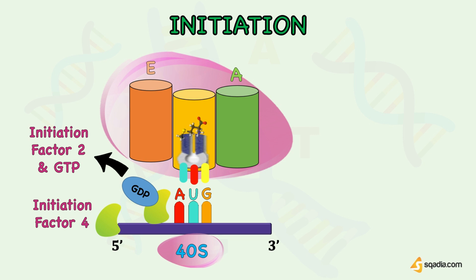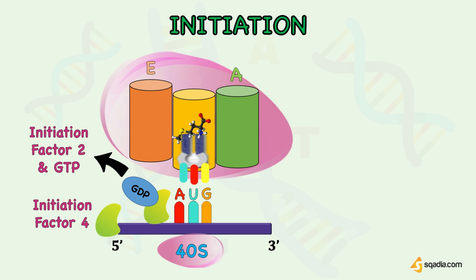Now this energy will be released that would help bind the methionine molecule to the end of transfer RNA. When the binding is completed, the initiation factors and GDP will be released and the complex of methionine will be formed.